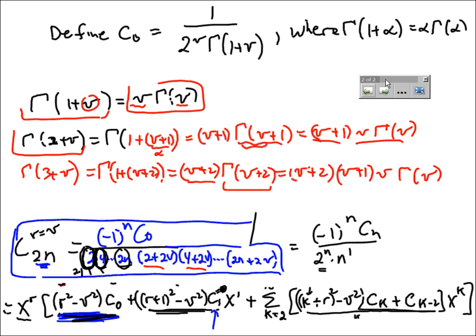Well, that's n factorial. Now, in here, if I factored out a 2, I'd have 1 plus v. And if I factored out a 2 from here, I would have 2 plus v, etc. Factored out a 2 from there, I'd have n plus v. But how many 2's did I factor out?